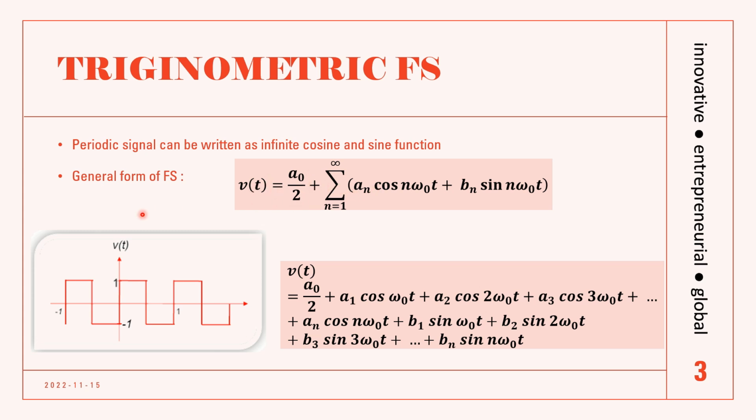From this equation, you can come up with this signal, and from this signal you can identify the coefficients an or a naught, and also bn or b naught, based on the sequence of the harmonics.